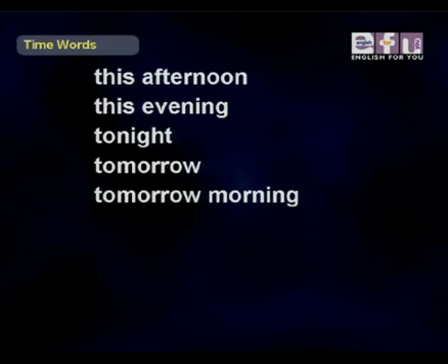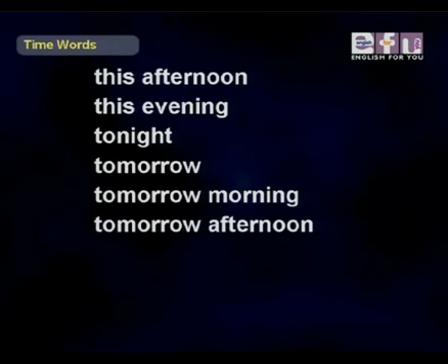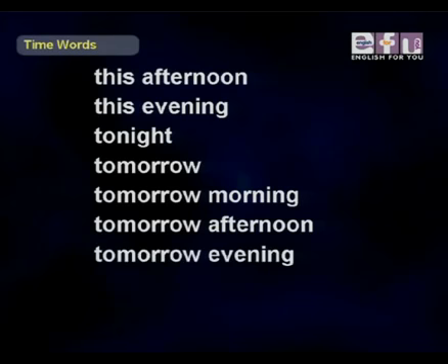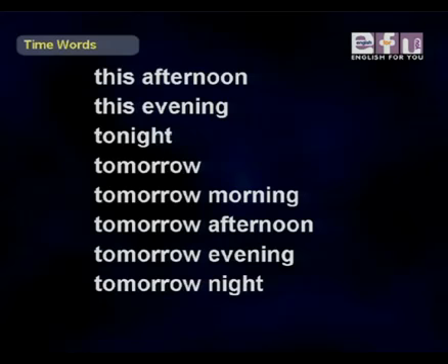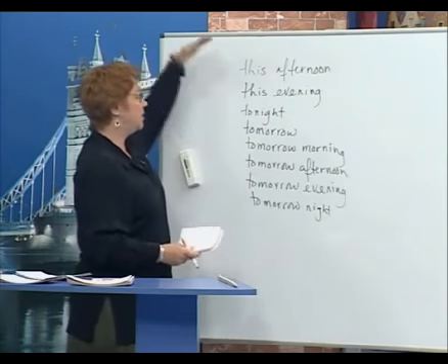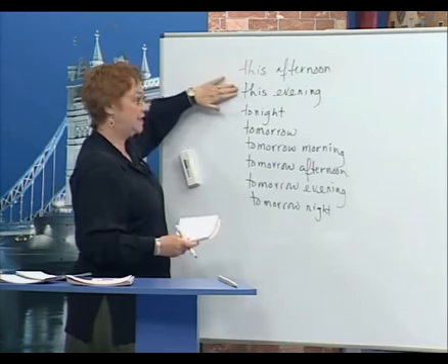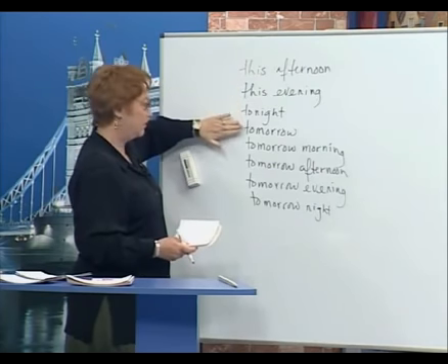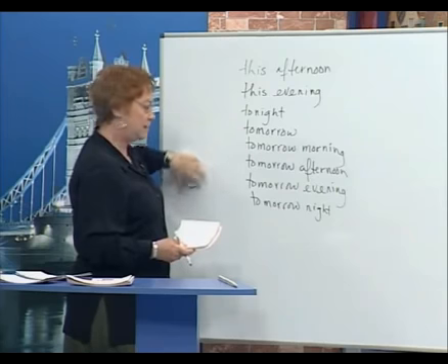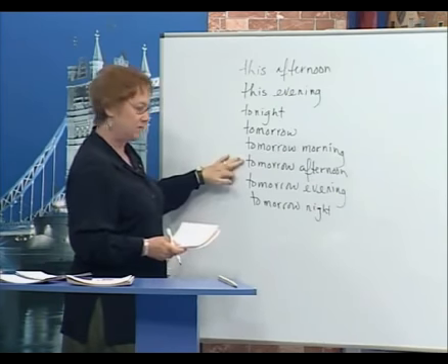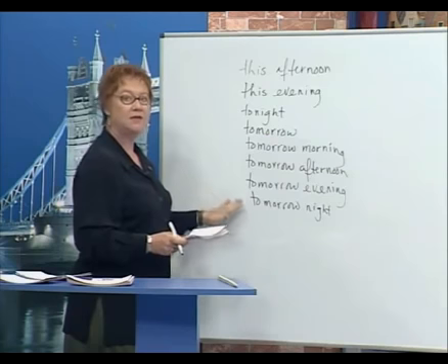And of course, we have tomorrow morning, tomorrow afternoon, tomorrow evening, and tomorrow night. So these are all the future. This afternoon, this evening, tonight, tomorrow, tomorrow morning, tomorrow afternoon, tomorrow evening, and tomorrow night.